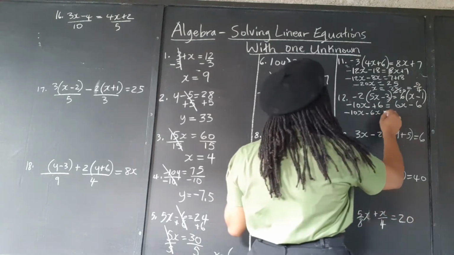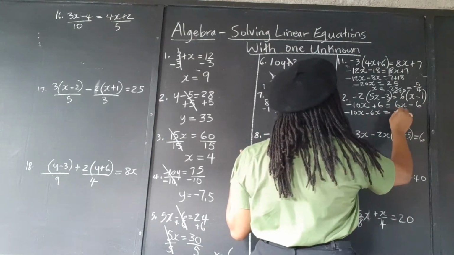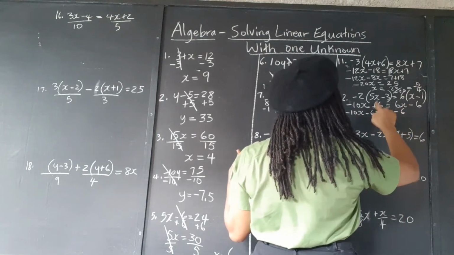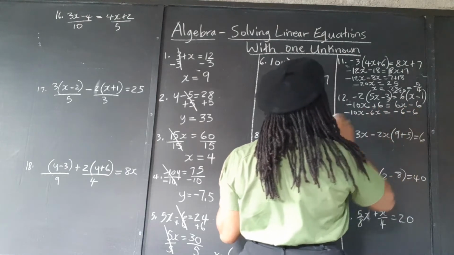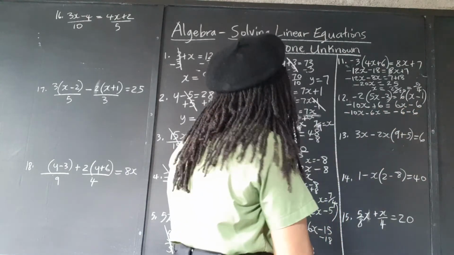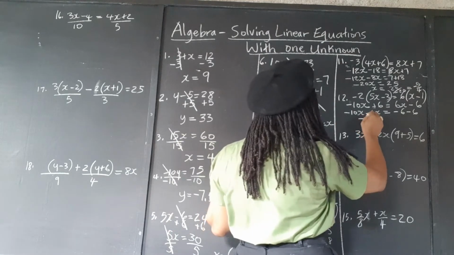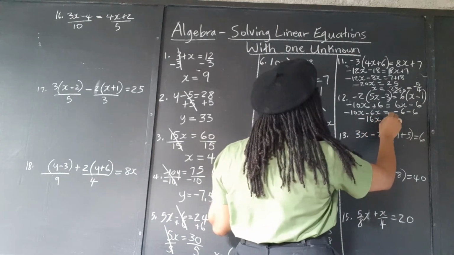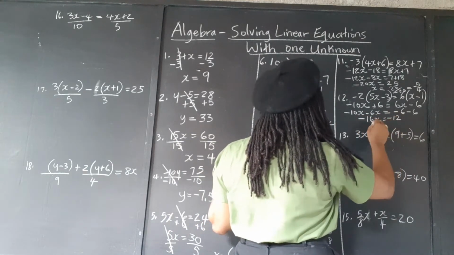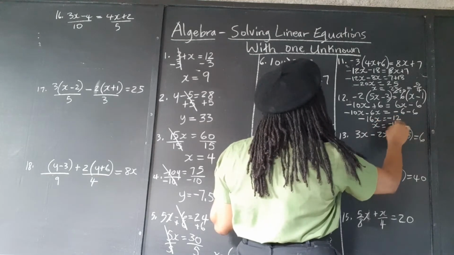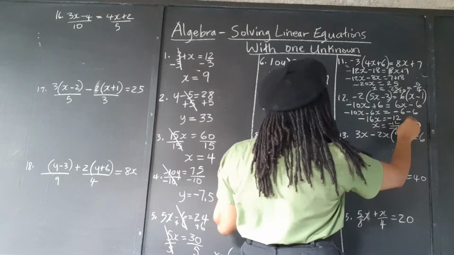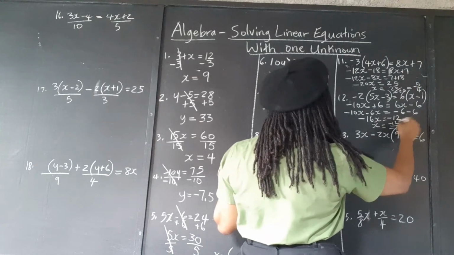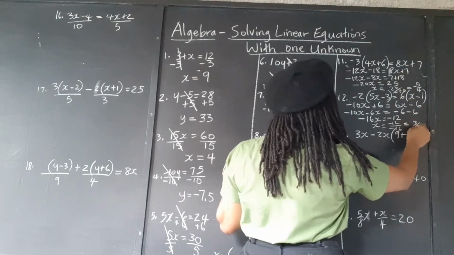And we're going to have negative 6 minus 6, this 6 will minus 6 from both sides. So we'll end up with negative 16x is equal to negative 12. So x is negative 12 over negative 16, which is 4 into each of those, 3/4.